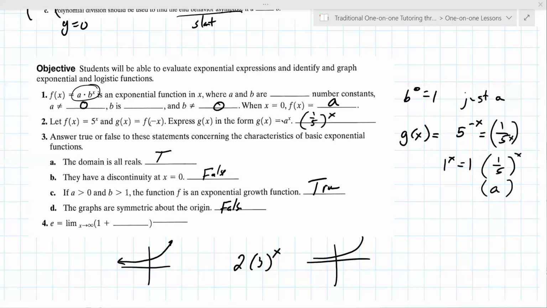I don't know what this is. Oh, e. e is the limit of... I don't actually know, but I think this is x here, but you should just figure out what goes in there.